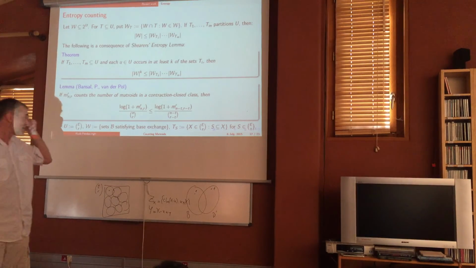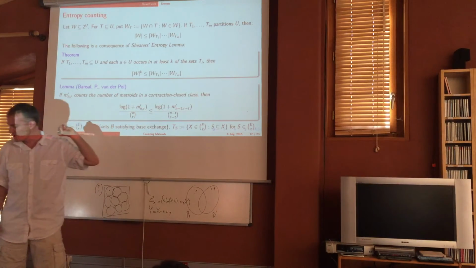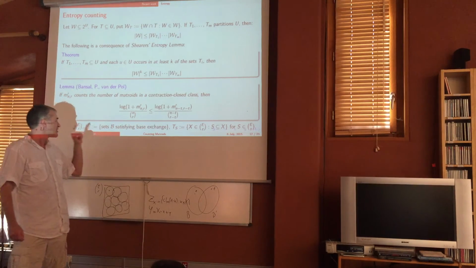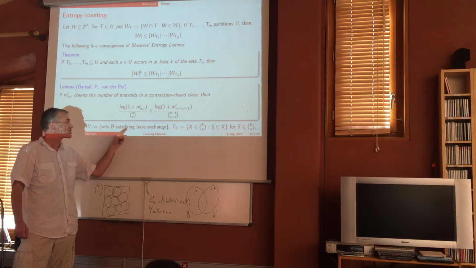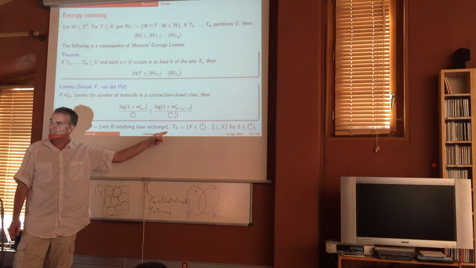You may wonder why this 1 is coming up in this lemma. The thing is, I'm considering sets B satisfying base exchange, and the empty set, of course, satisfies base exchange.